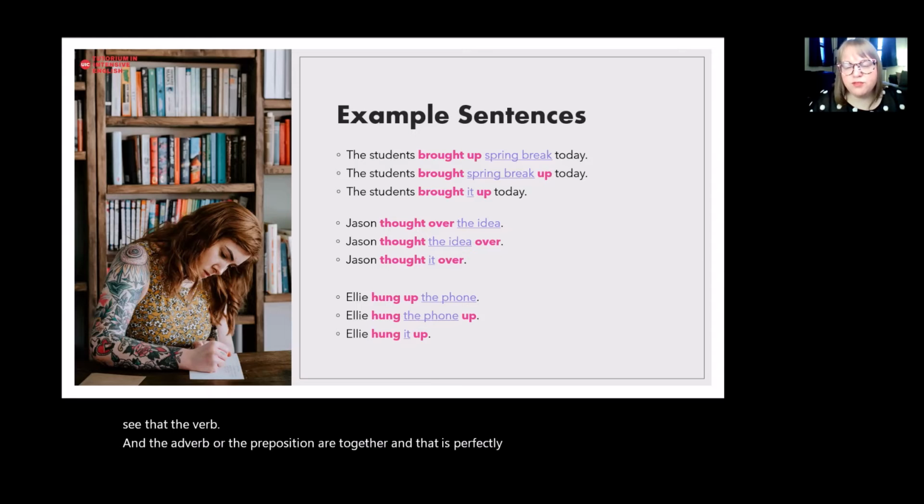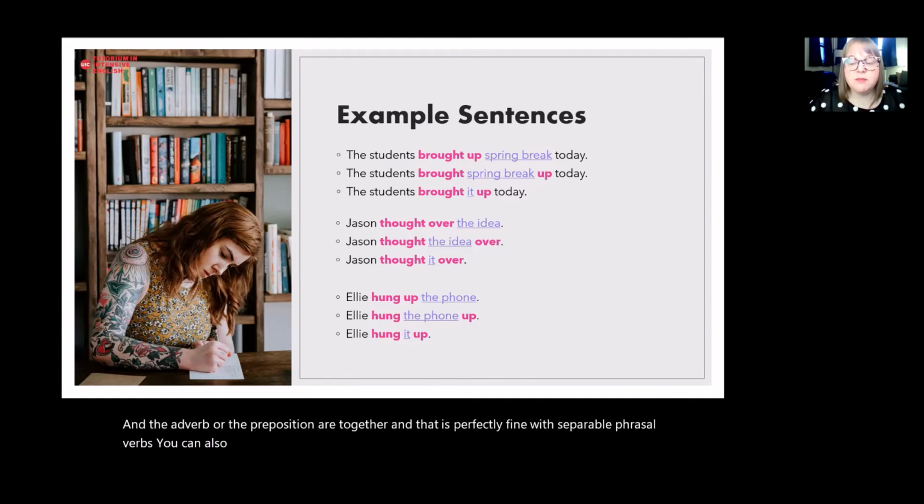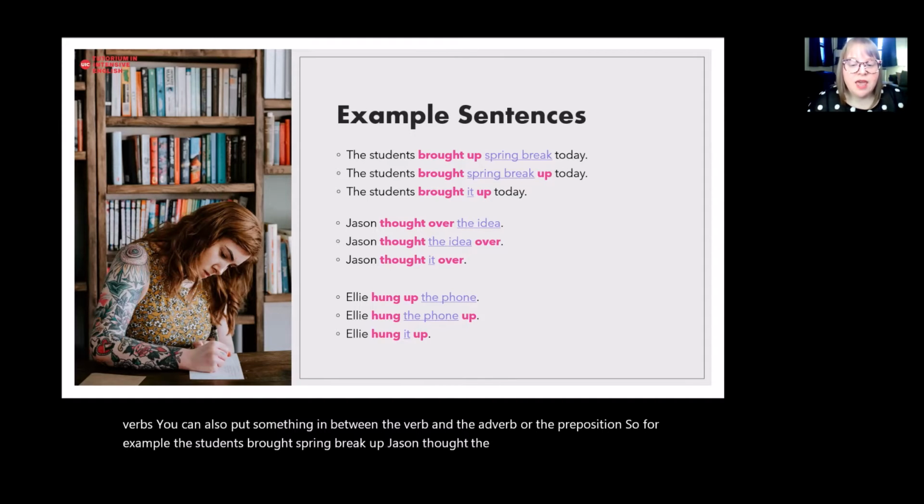With separable phrasal verbs, you can also put something in between the verb and the adverb or the preposition. So for example, the students brought spring break up. Jason thought the idea over. Ellie hung the phone up.